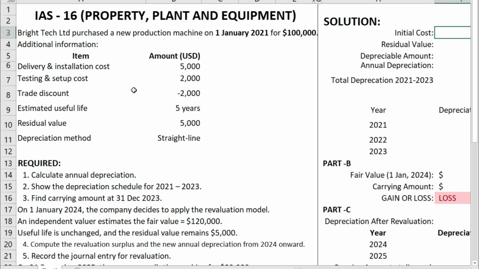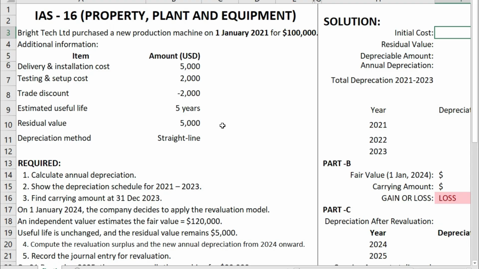The trade discount was minus 2,000, meaning the trade discount we get from the supplier of the machine. They were giving us a trade discount, so we subtract the 2,000. The next thing is estimated useful life, which is 5 years. Residual value is 5,000, meaning scrap value: after some period of time, we estimate that we will get 5,000 from selling that machinery.